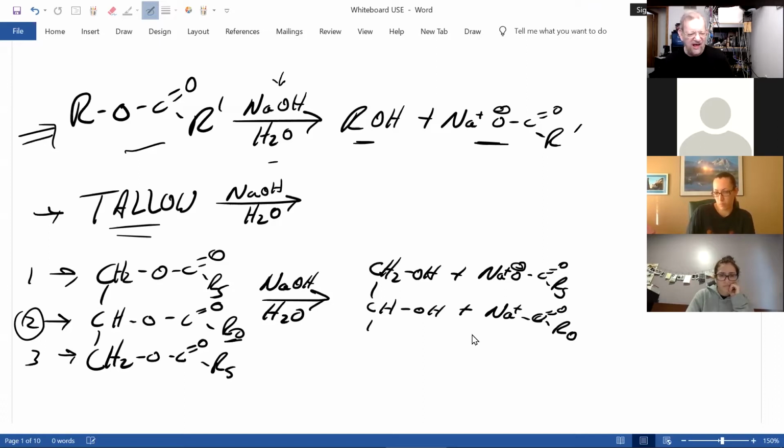And finally, the last ester, ester number 3, gives me this alcohol. However, this will be sodium stearate, and I've already written it.